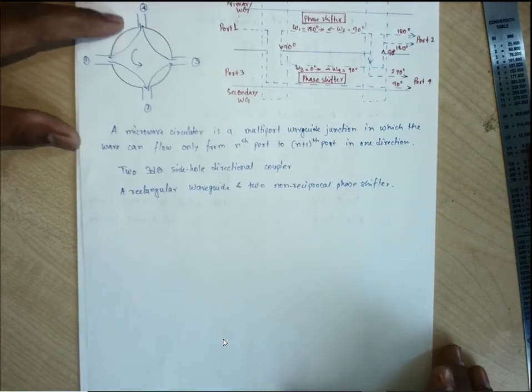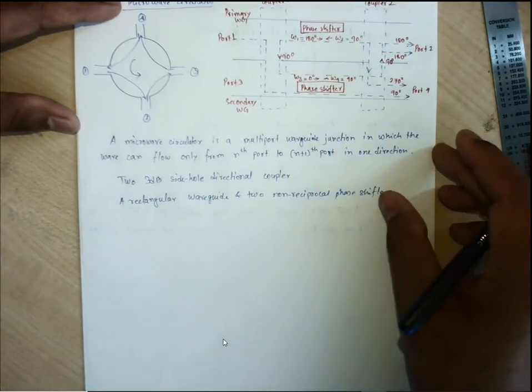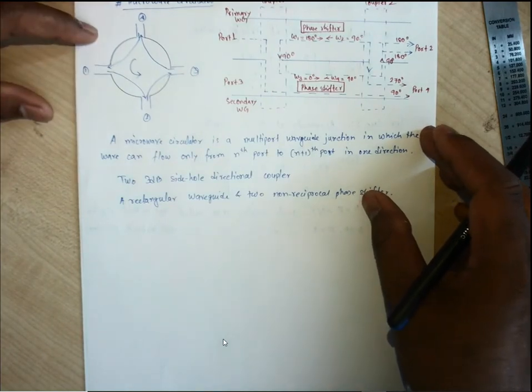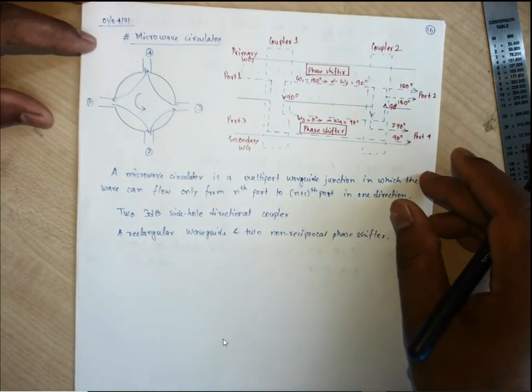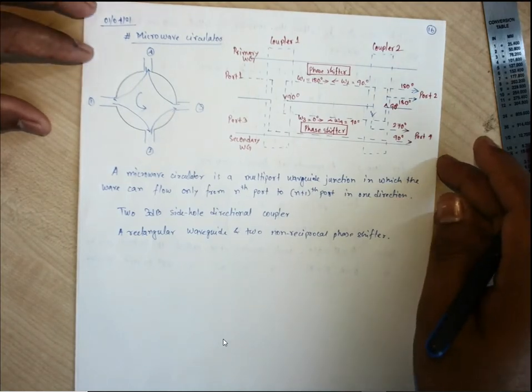Next is microwave isolator. I hope you are able to write this operation, right? Is it possible? Can you go with the operation? Can you write it in your own words? Yes?